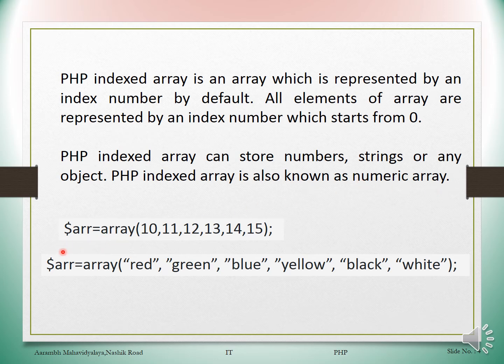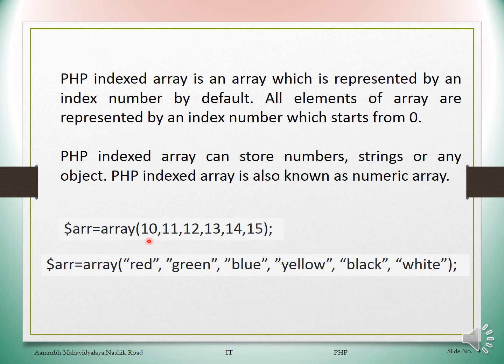For example, see $r. R is again a variable which is used to declare the array, equal to array of 10, 11, 12, 13, 14, 15, and then we completed the bracket to indicate that this array declaration is completed with the semicolon.